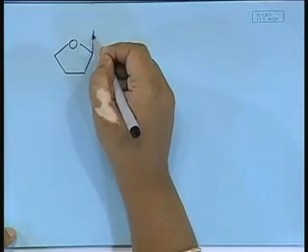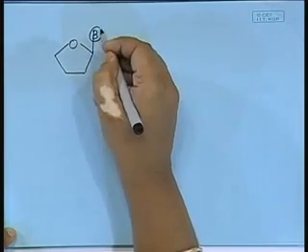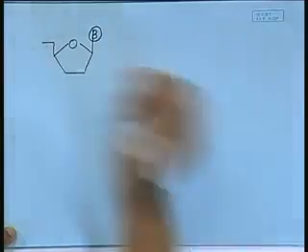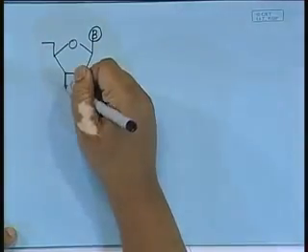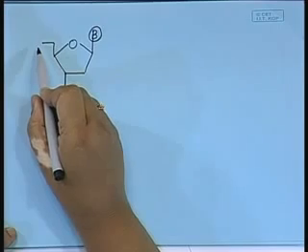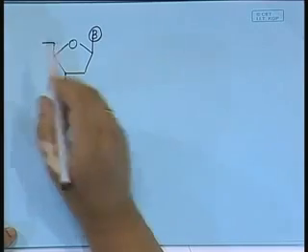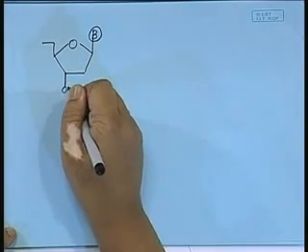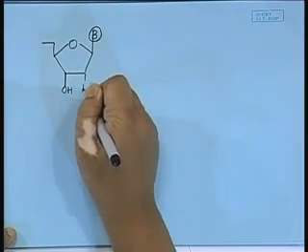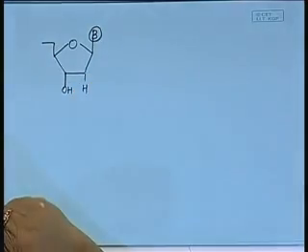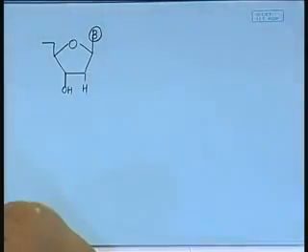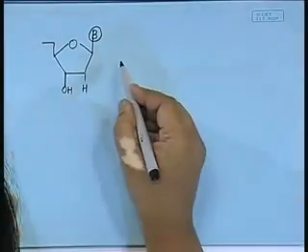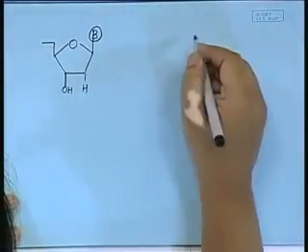A base. What do we have? We have something else attached here. If we have the phosphate, then we have a nucleotide. We have the OH here and we have this here. So, what is this? Deoxy. Now, we have ATP.